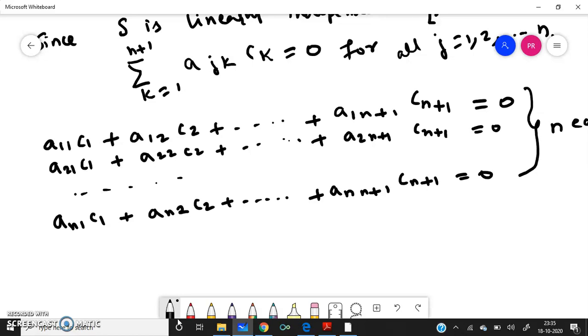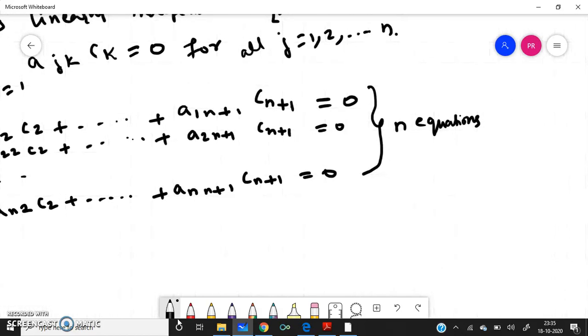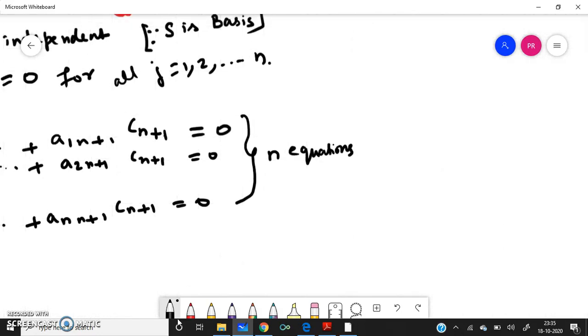So n equations, n plus 1 unknowns. And all are equal to 0, right?